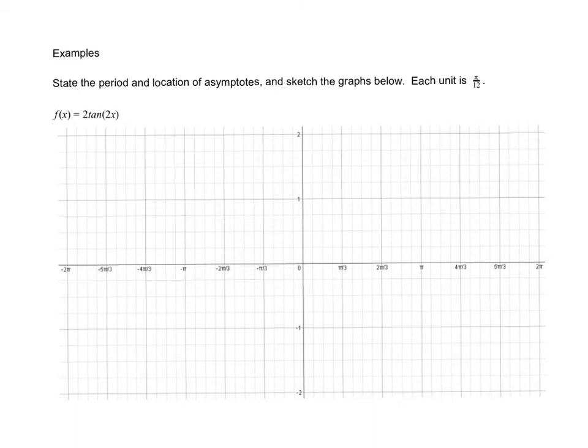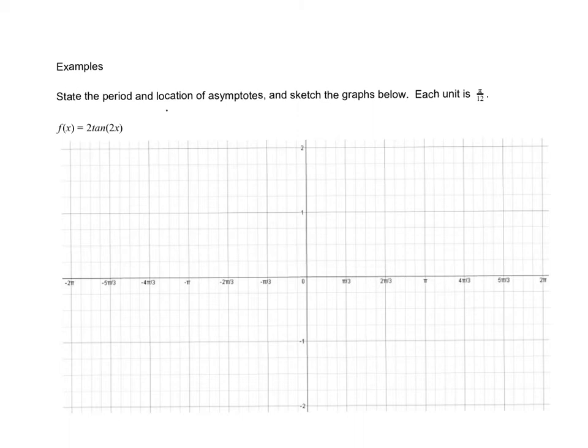The way we find the period doesn't change between sine and cosine. But because the general period for tangent is pi, instead of doing 2 pi over b, we're going to do pi over b. And in this example, that would be pi over 2. So we know that our function is going to be between pi over 2. So for the location of our asymptotes, because we have split our period in half, the location of our asymptotes is also going to be in half as well.